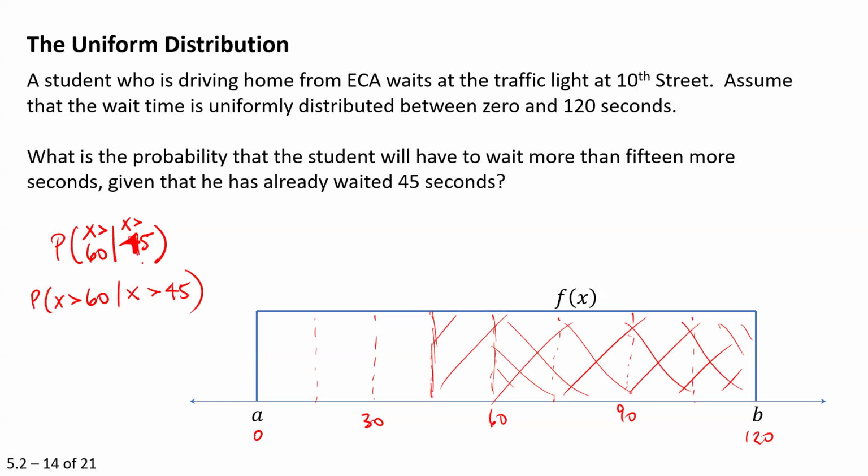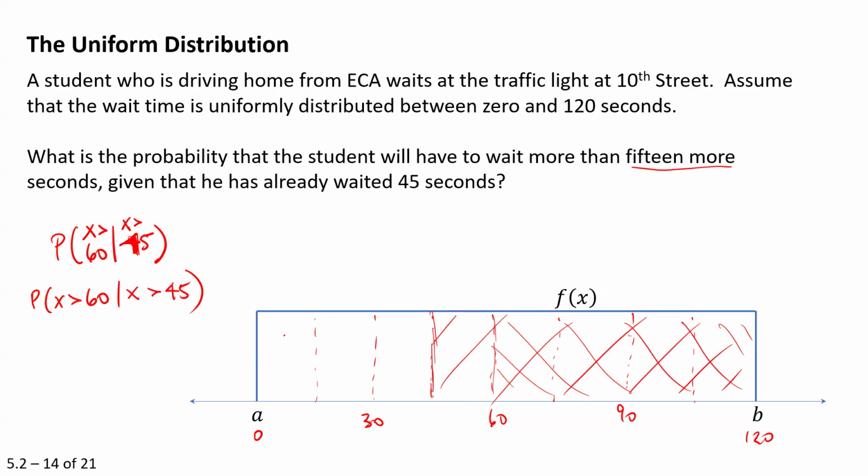This is 45. It's not 15 and it's not 50. I'm not sure where you're getting 15 and 50. Oh, 15 more. 15 more than what? 15 more than 45. Oh, okay. There you go.